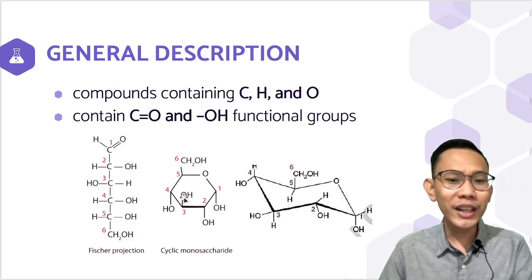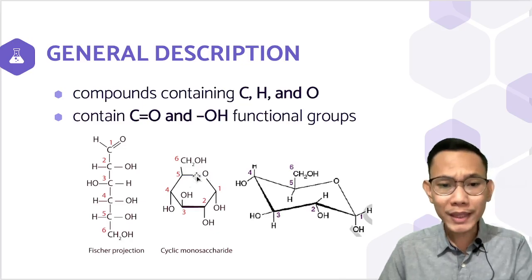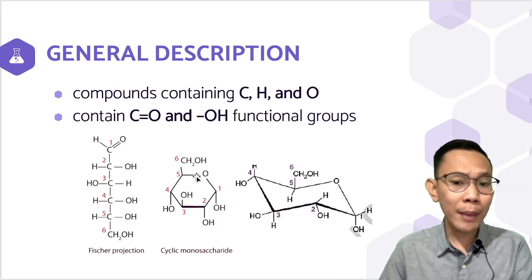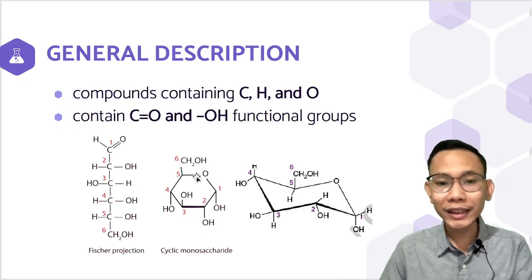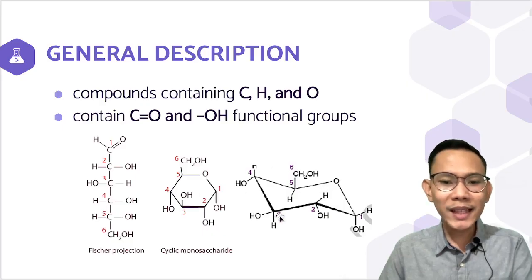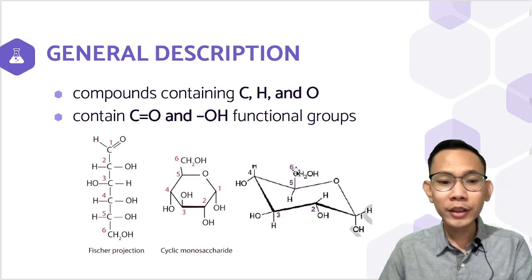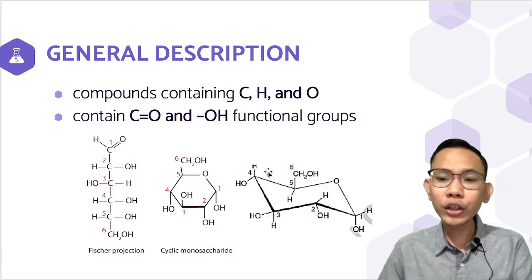If this is Fisher, this is now your Haworth projection. It shows the cyclic structure as viewed from the side, showing the stereochemistry or location of your attached molecules to your monosaccharide ring. And lastly, what do you call this configuration or projection? This is now in chair conformation.